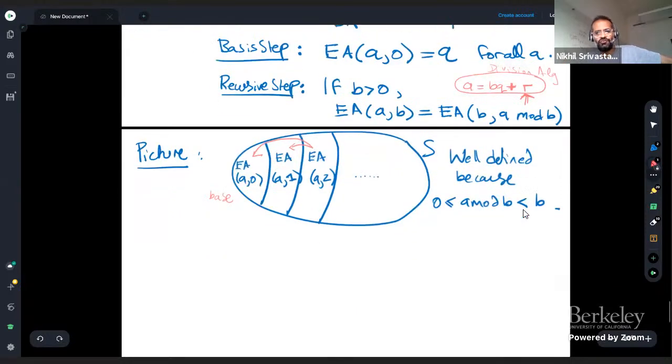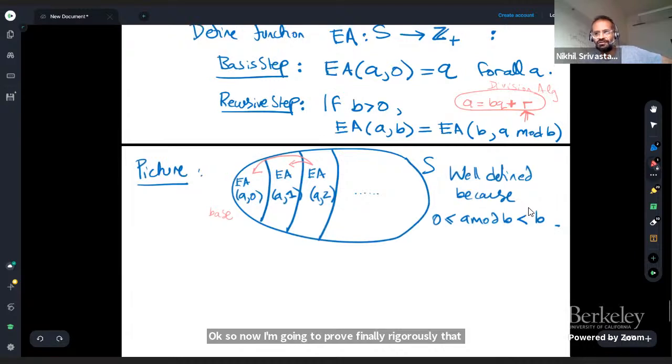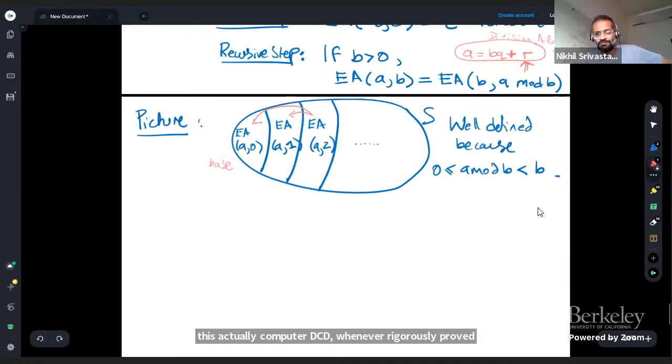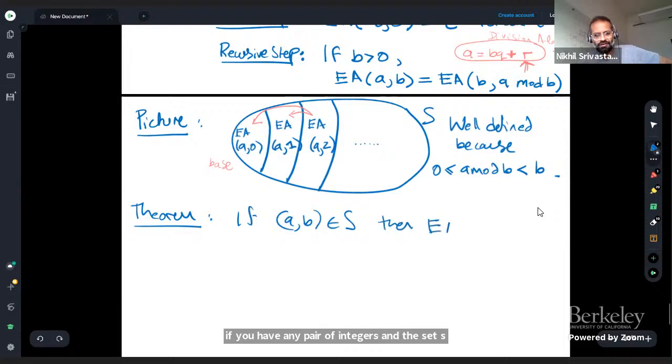Okay, so now I'm going to prove finally rigorously that this actually computes a GCD. We never rigorously proved that because we didn't have a framework to write proofs about things like this, but now we do. So let's state this as a theorem. The theorem is: if you have any pair of integers in the set S, then if you run this recursive algorithm, you actually get the GCD.